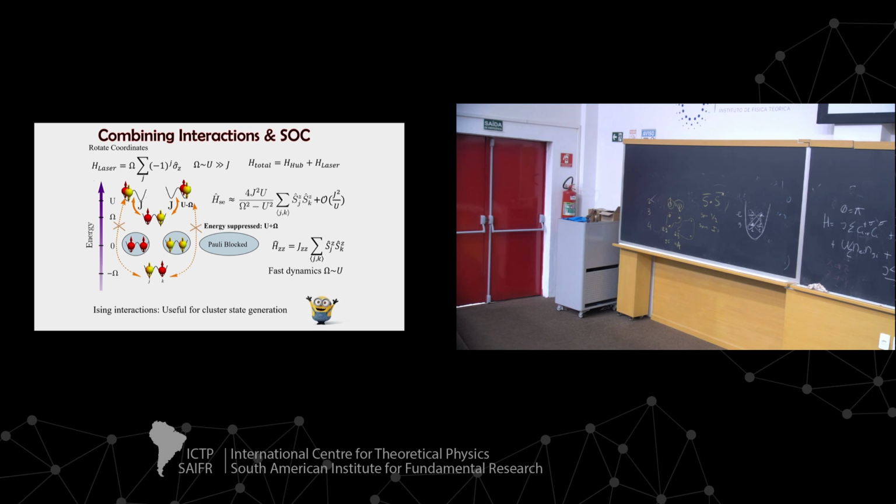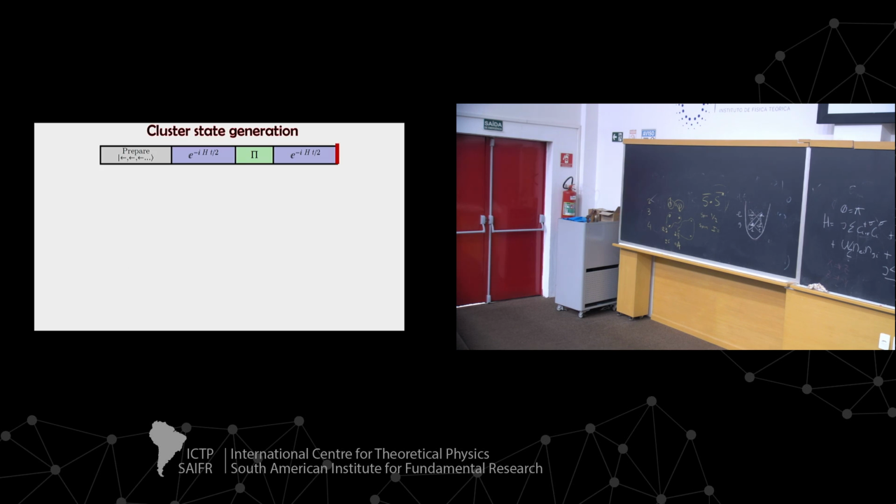Why? Because this Hamiltonian generates what are called cluster states. The definition of a cluster state is very simple. It's a state that you create by evolving the system with an Ising Hamiltonian and then stopping it at a specific time.